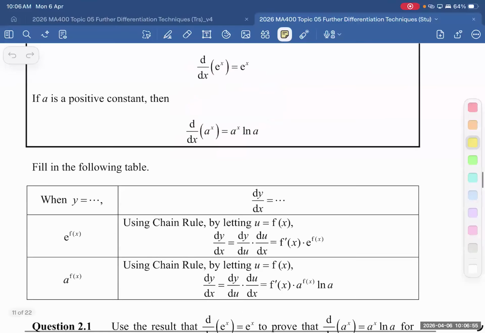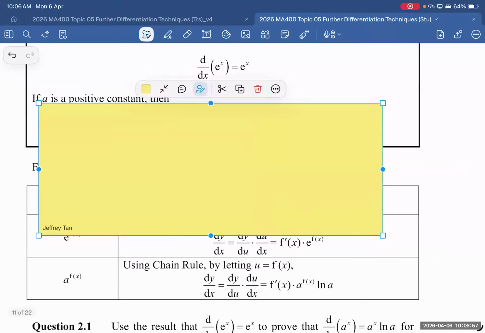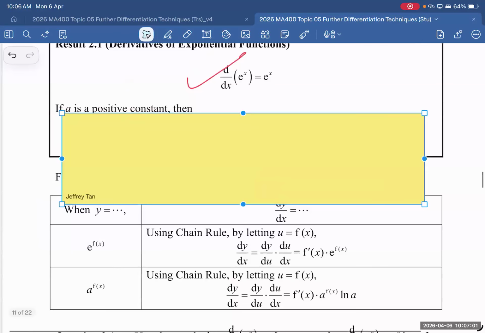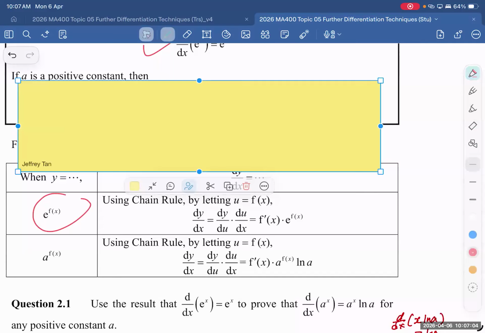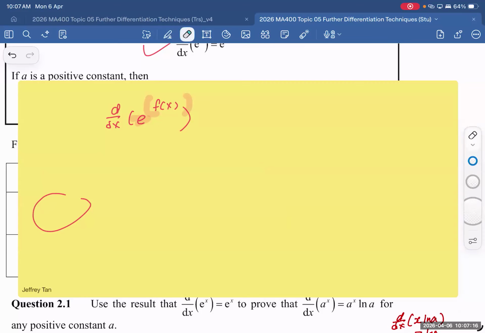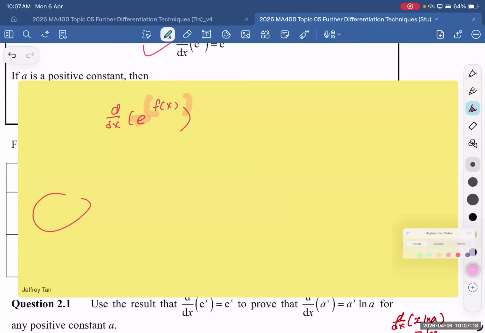Okay, so now I will tell you the second one, e to the power of f(x). What about e to the power of f(x)? When you differentiate e to the power of f(x), you look at layer 1, the first layer, and there is a second layer.